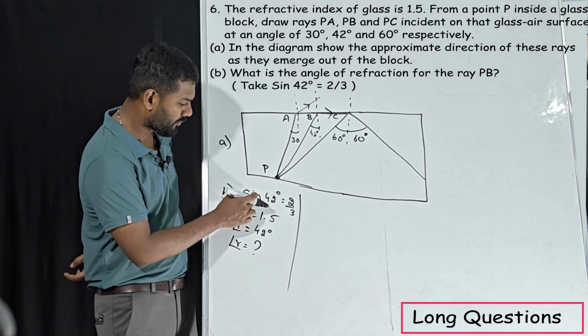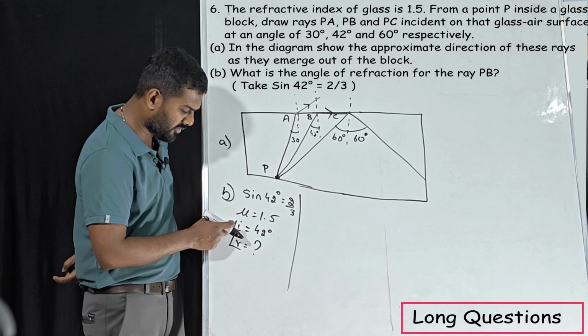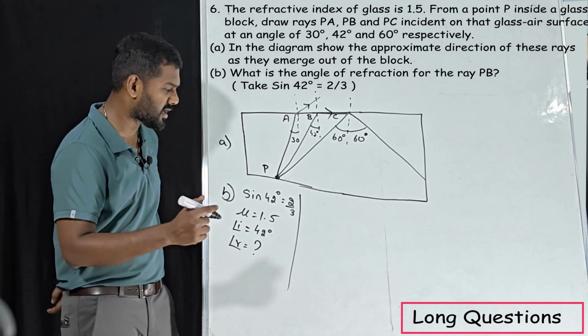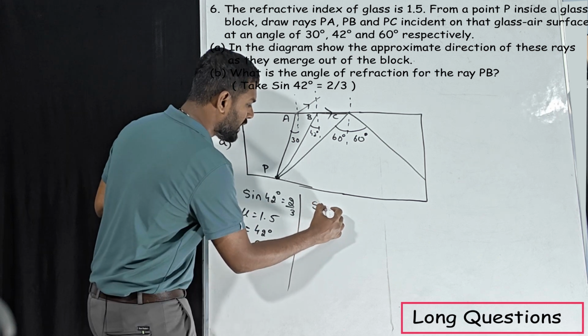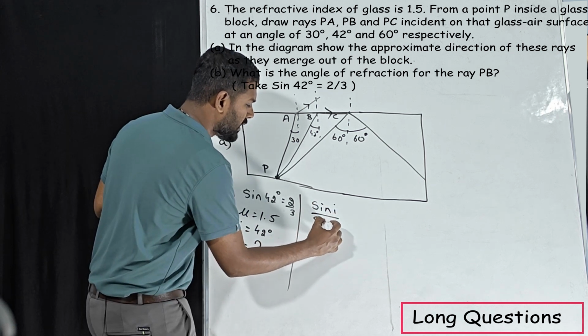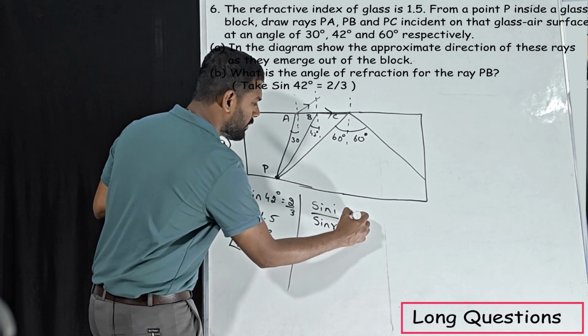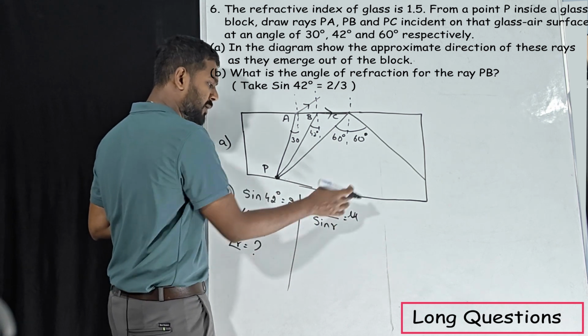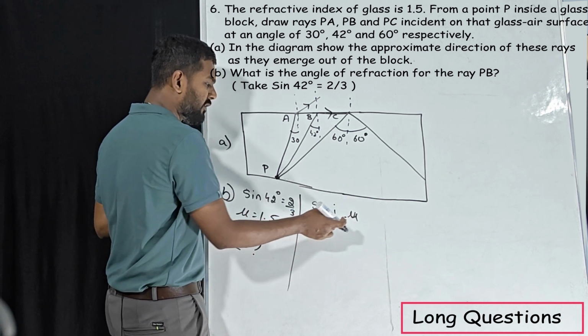See here, sin of angle of incidence, angle of refraction and refractive index are related by Snell's law. That is nothing but sin i by sin r is equal to mu. Correct? We need r. So send this r that side, sin r that side, and refractive index this side.